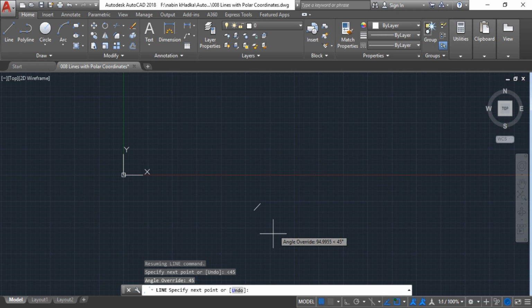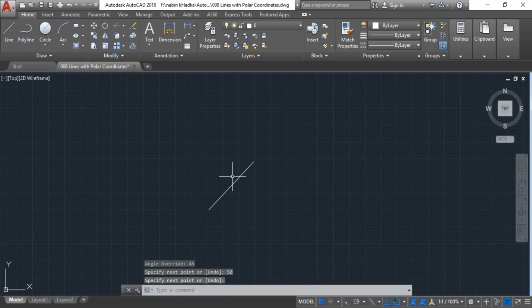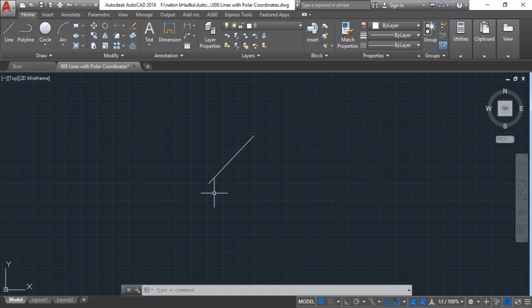So this line is restricted to 45 degrees with respect to the east-west direction. Now enter the desired length of this line, which is 50 units, and press enter. So here is the line with 45 degrees and 50 units of length.